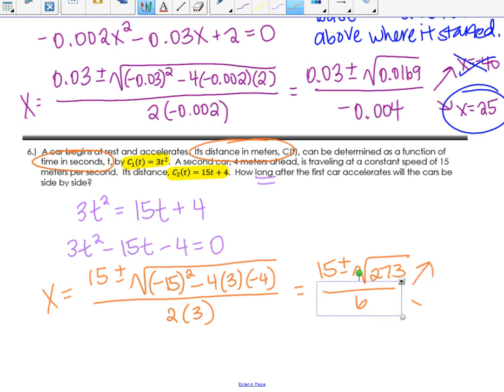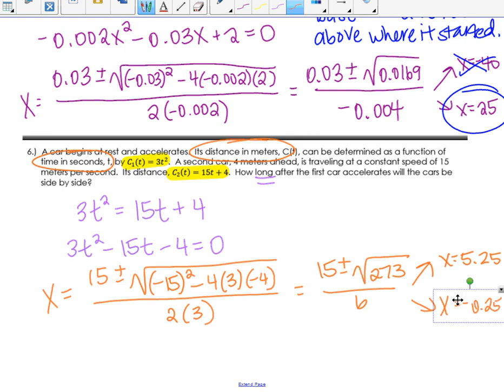So we get 2 answers from that. Okay, 15 plus the square root of 273 divided by 6 is 5.25. So x equals 5.25, and it's going to be an approximation because you're going to have to round it. And 15 minus the square root of 273 divided by 6 is negative 0.25.